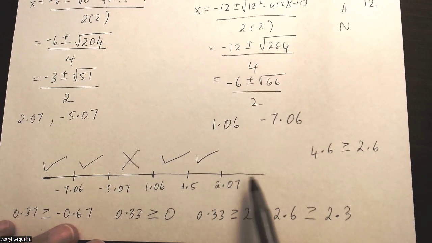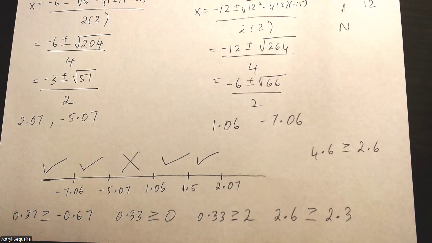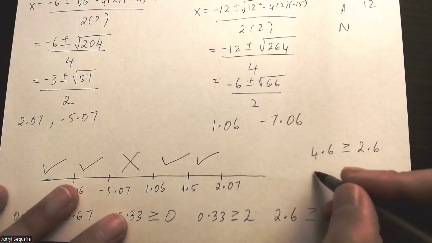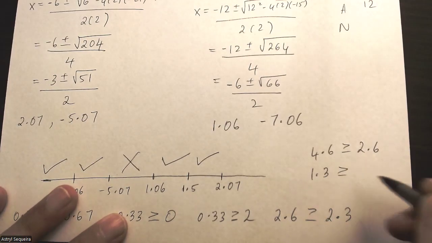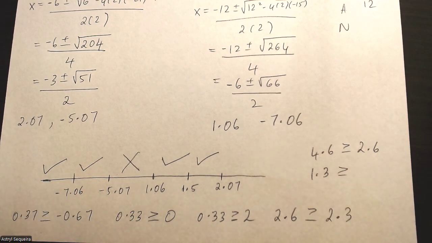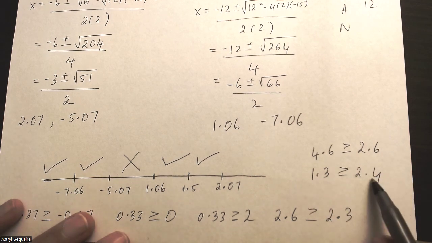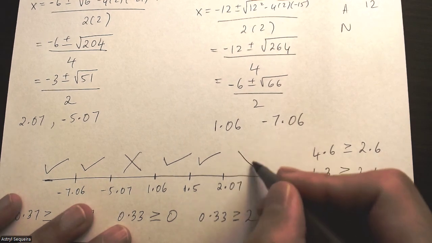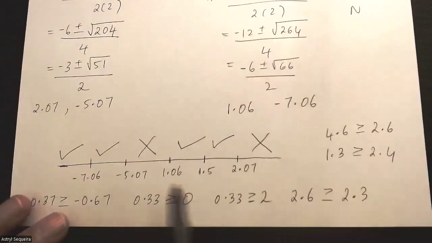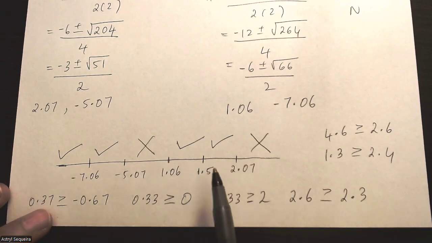And then last, I'll just sub in positive 3. If I sub in positive 3 into the first equation, I get 1.33. And if I sub it into the second equation, I get 2.4. So 1.33 is not greater than or equal to 2.4. So that one's false. So now we have all our solutions over here.